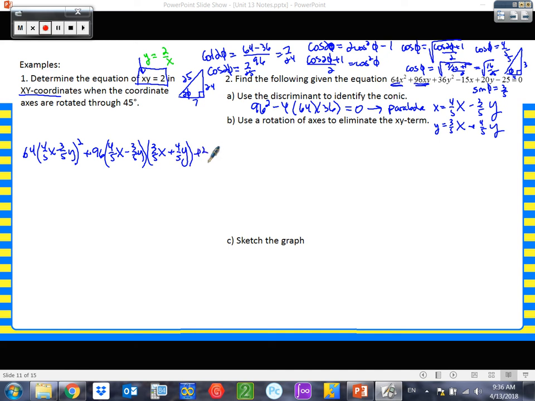Plus 36 times y squared, so y would be 3/5 x plus 4/5 y, squared, minus 15 times x, which is 4/5 x minus 3/5 y, plus 20 times y, which is 3/5 x plus 4/5 y, minus 25 equals 0.